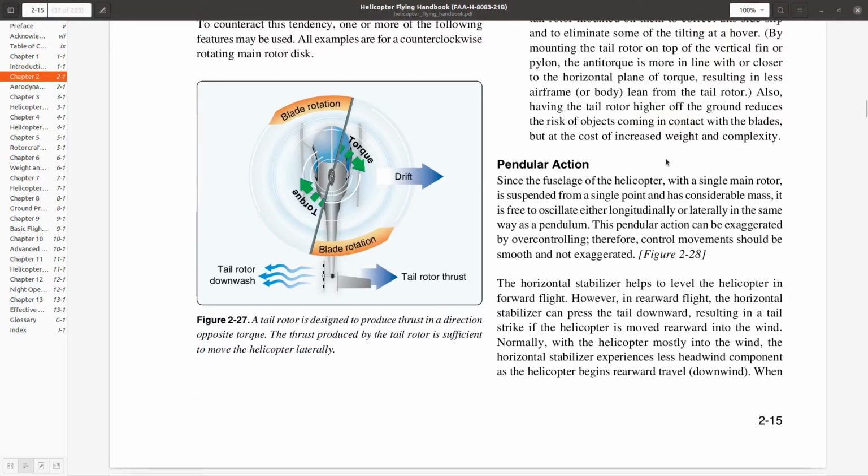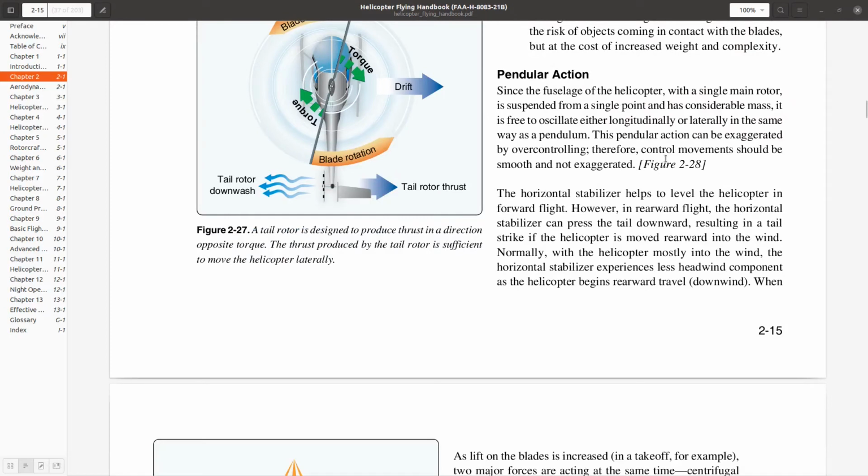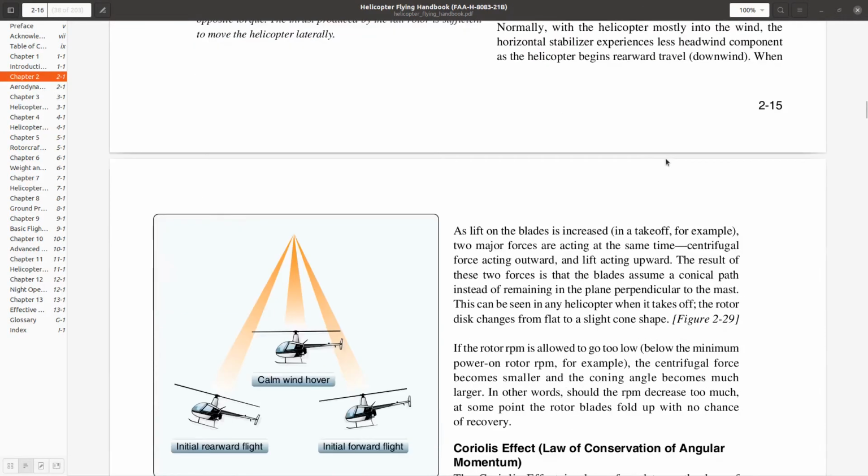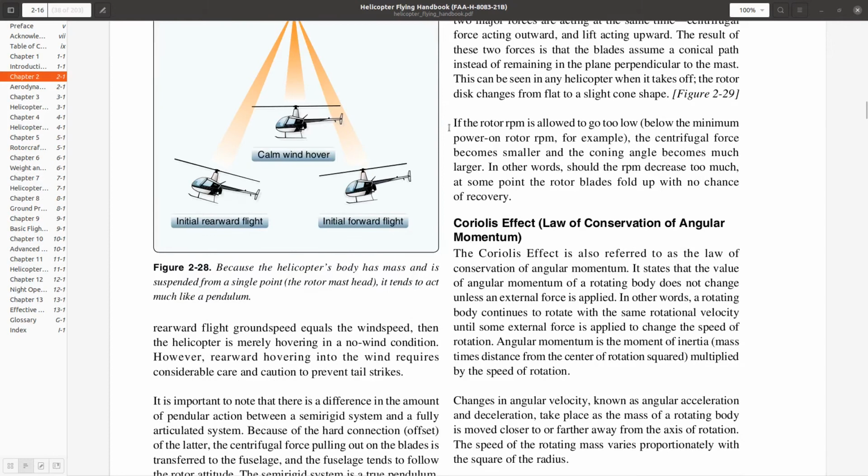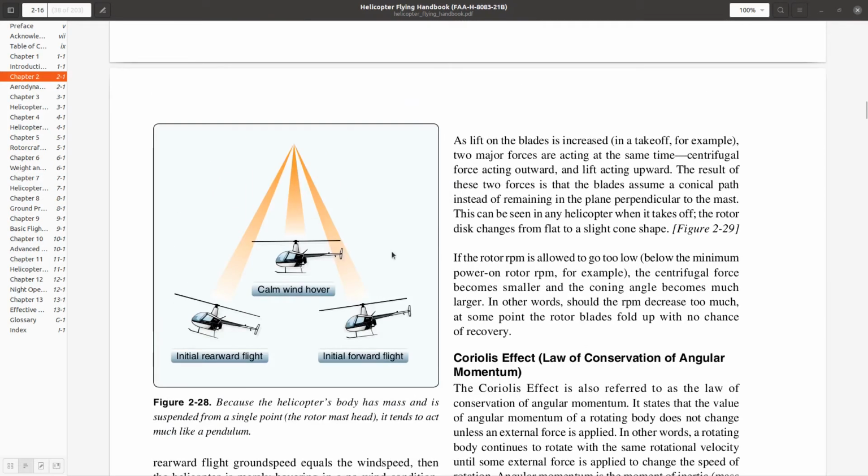Other things can happen with a helicopter that not so much in an airplane: pendular action. So pendular action. You have this helicopter, you have this big rotating disc, and you have a weight hanging from it.